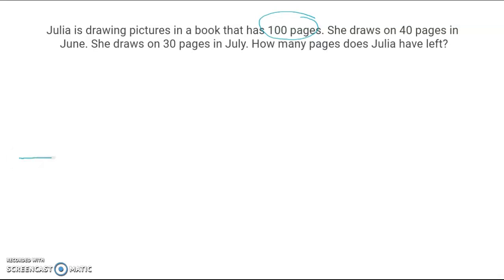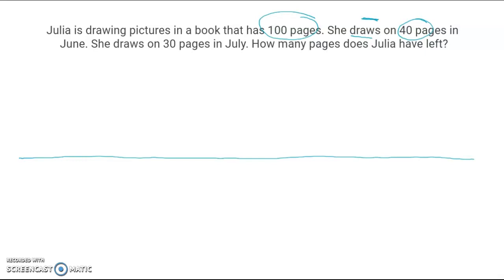So if I think about my number line, I know she's got 100 pages. And then she draws on 40 of them. So if Julia drew on 40 pages, she can't use that paper anymore. She's used it up. So that to me is telling me I'm going to take those 40 pages away because they're no longer an option.